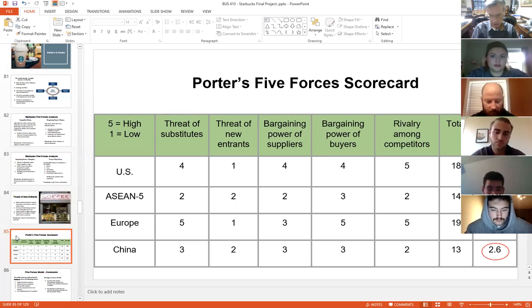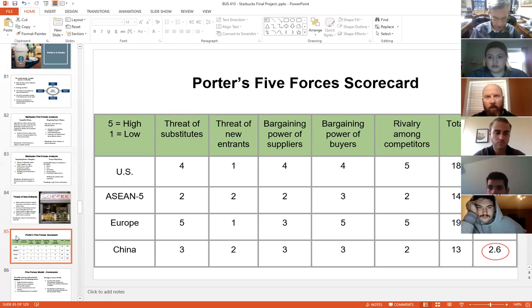So what this team has concluded is that the forces are least strong in China, meaning that the profit potential is the best in China. And since we've already seen in the BCG matrix that the growth potential is high, they called it a star, right? Because the profit potential is high and the growth potential is high. That's a star.